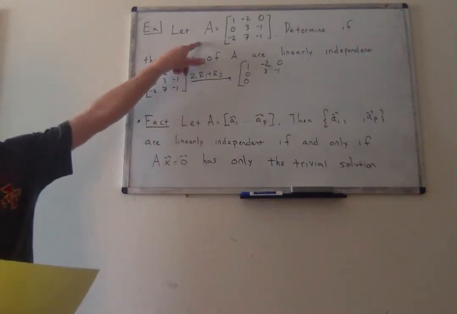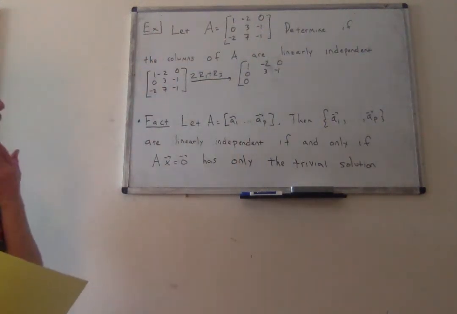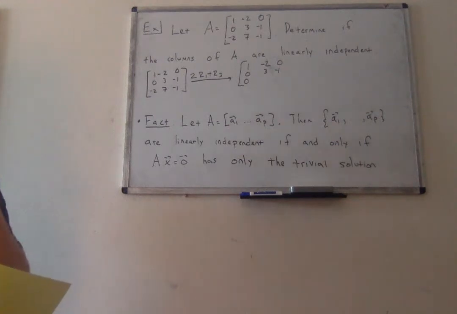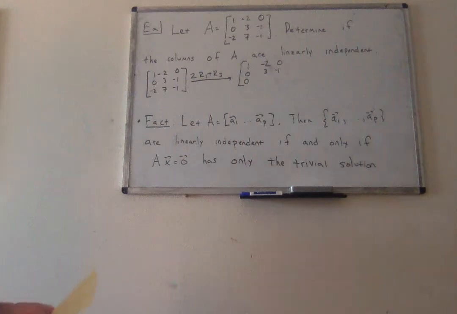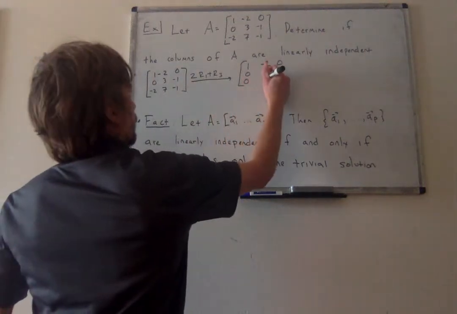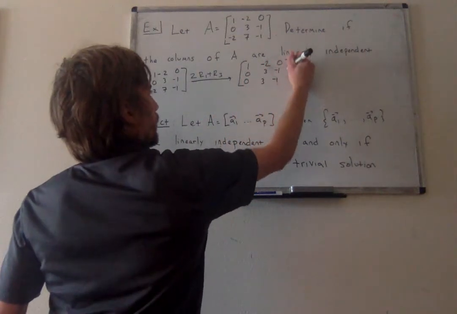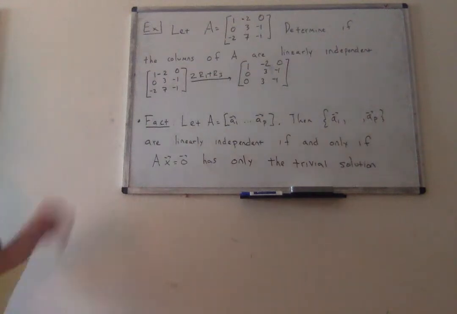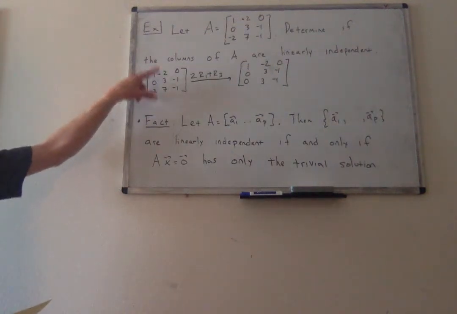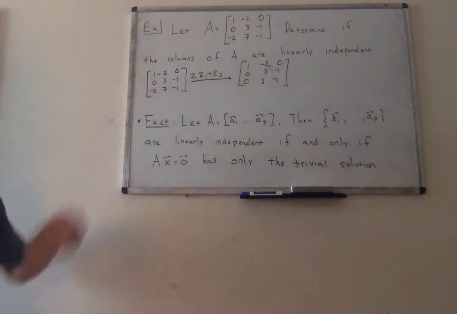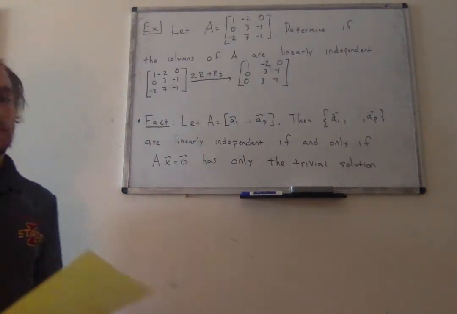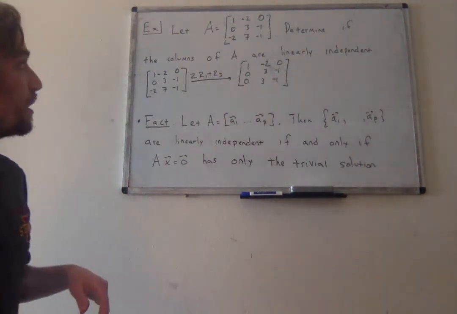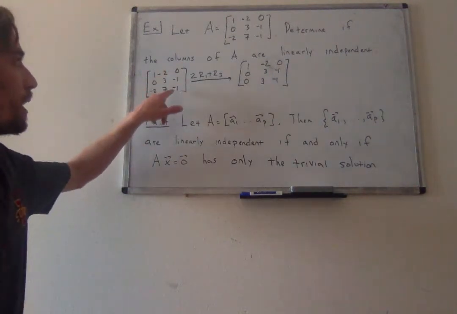So we're going to take this matrix A, and we want to determine if the columns of A are linearly independent. So we still have the first step. Notice we've got a negative 2 here, negative 2 there. I'll explain at the end why I want that to be a negative 2 instead of a positive 2.